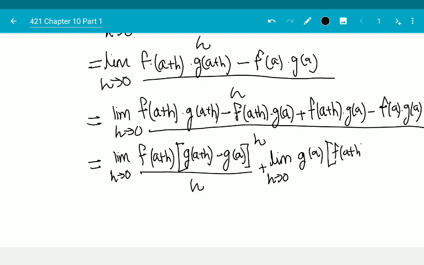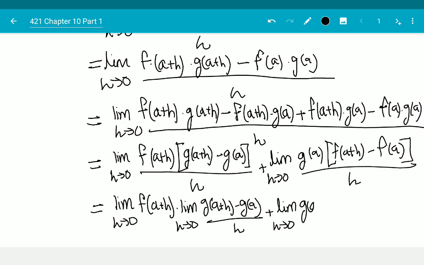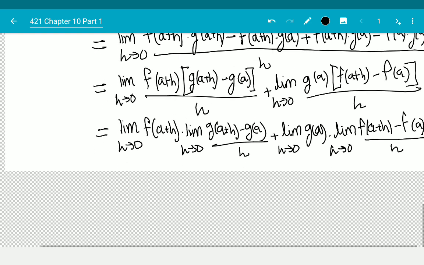F of a plus h minus f of a all over h, which is equal to limit h goes to 0, f of a plus h times limit h goes to 0, g of a plus h minus g of a over h plus limit h goes to 0, g of a times limit h goes to 0, f of a plus h minus f of a over h, right?